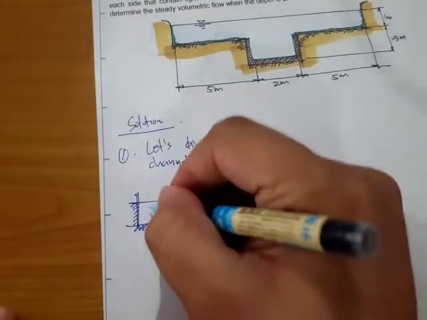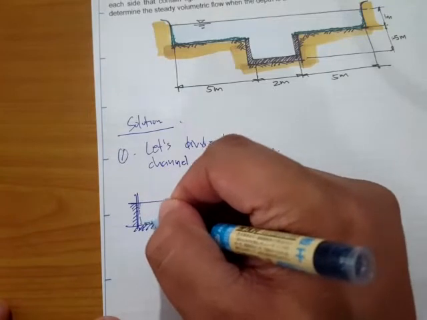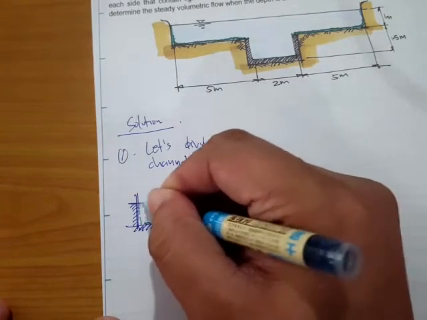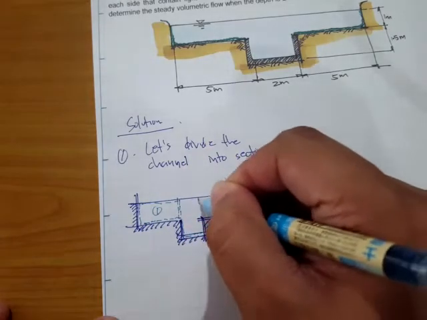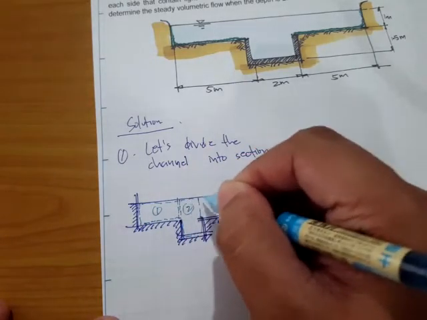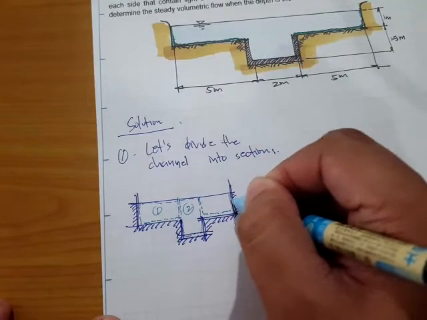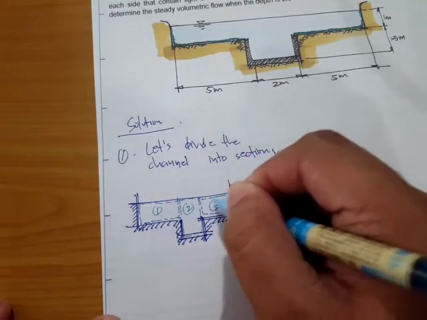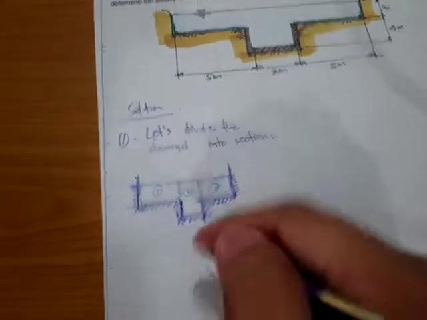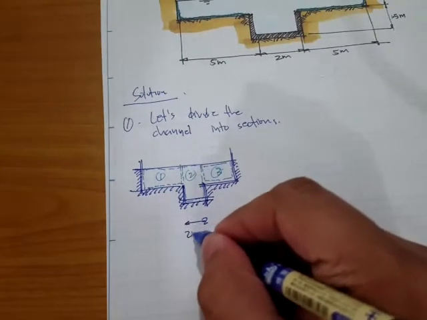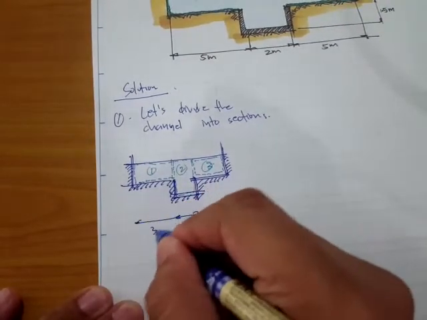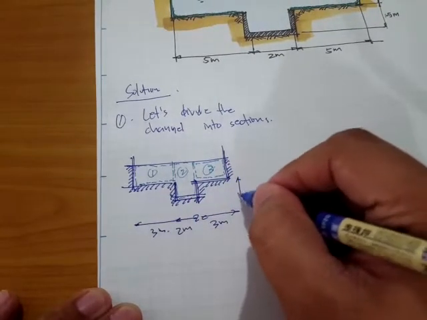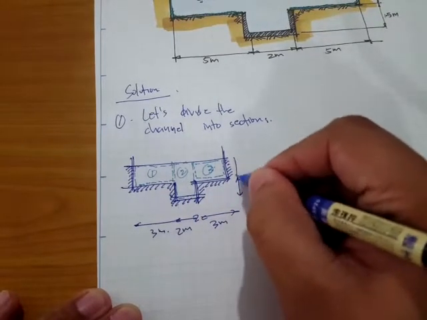Here's our number 1, here's our number 2, and here's our number 3. The dimensions are: this is 2 meters, this one is 3 meters, this one is 1.5 meters, and this one is 1 meter.